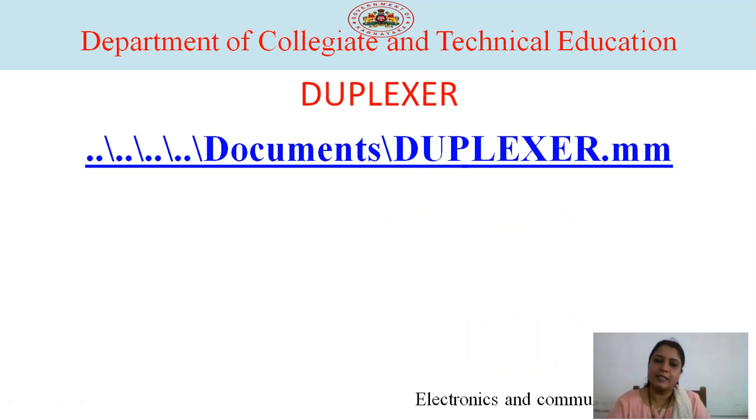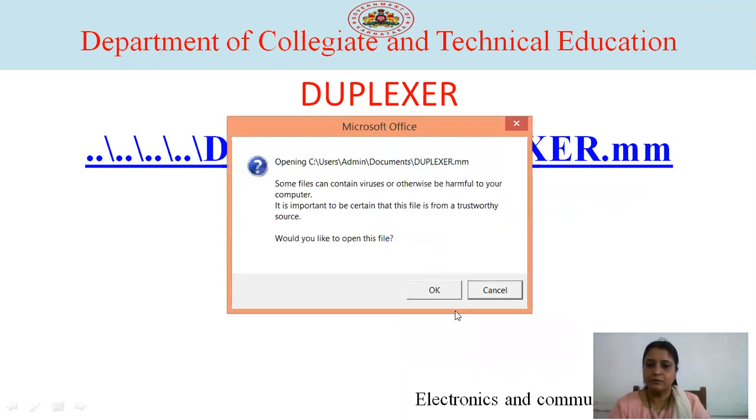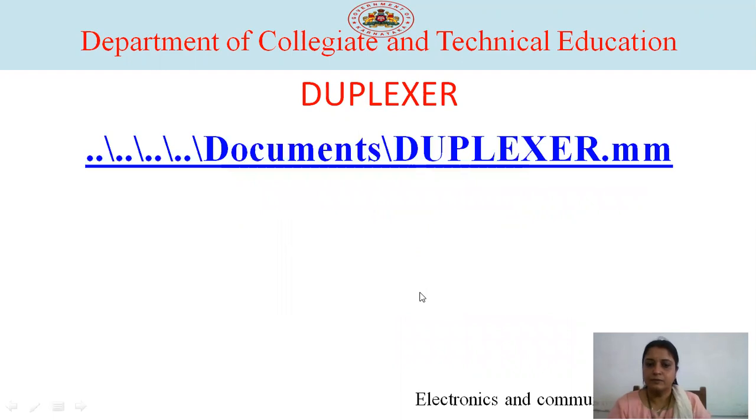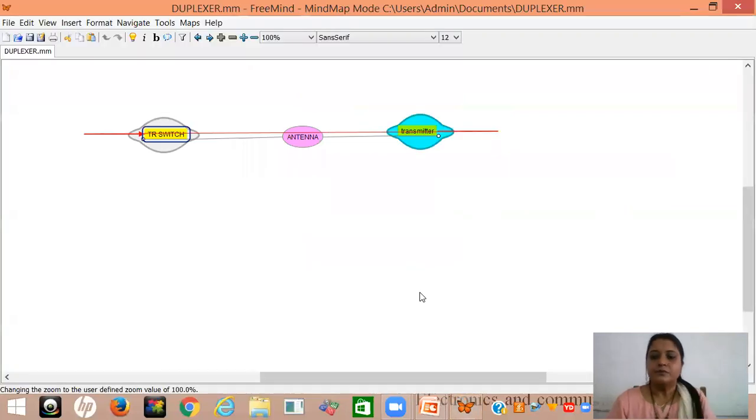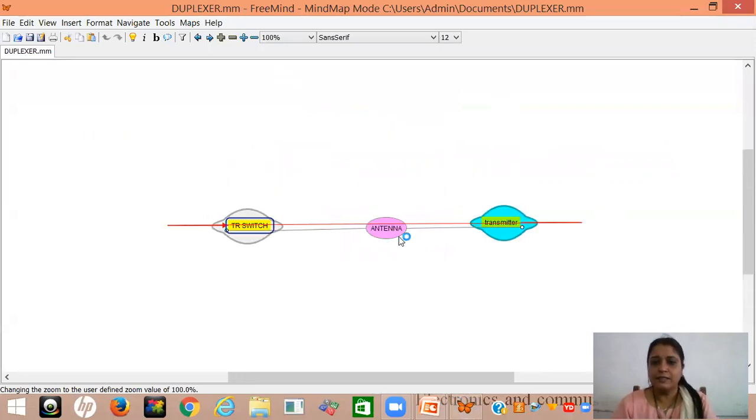Now the same thing we can explain through this mind map here. Now see here, if you observe, this is the antenna section, the transmitter, and the TR switch.